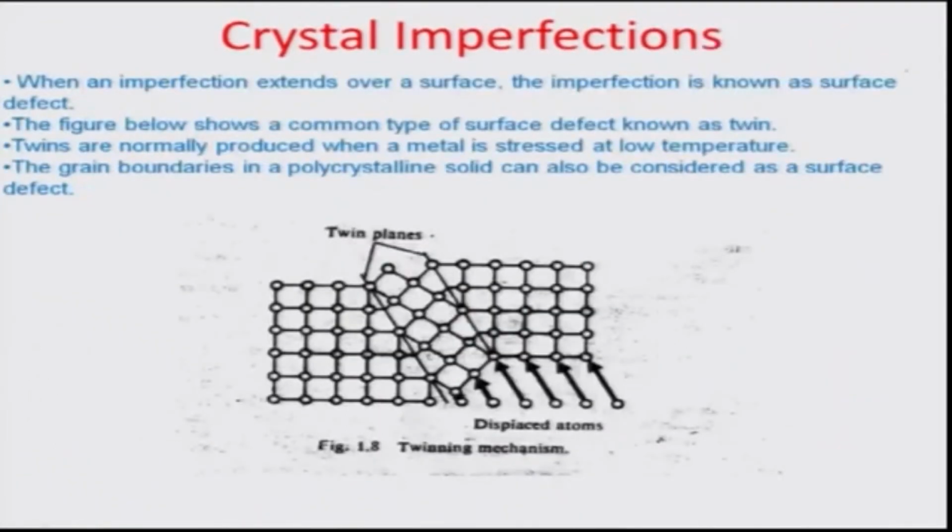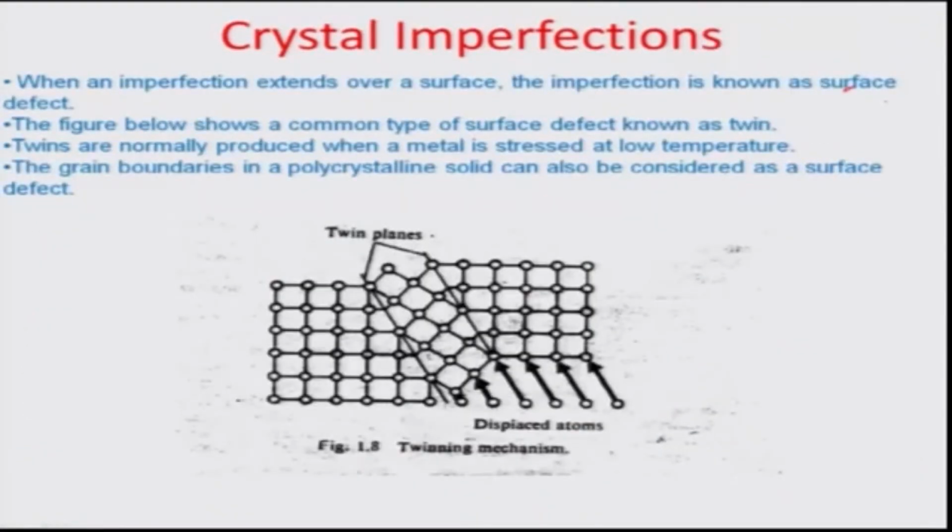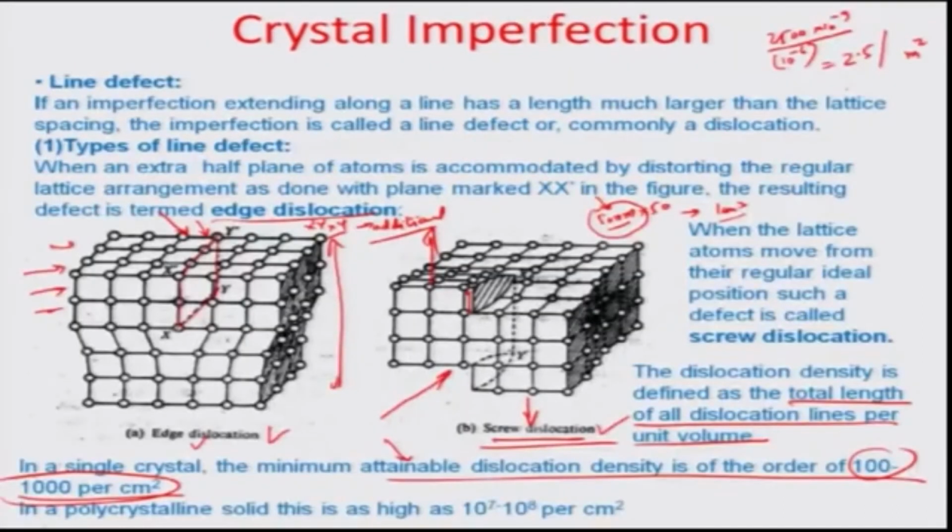Typically in a crystal, the minimum attainable dislocation density is of the order of about 100 to 1000 per centimeter square. This, if I convert into centimeter square, would be in the range of 2.5 times 10 to the power of 4 per centimeter square.